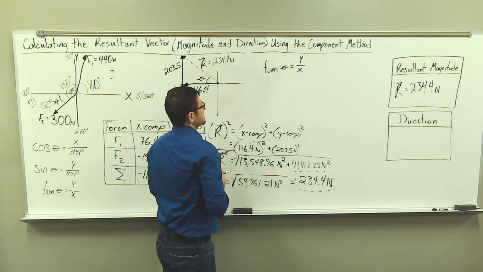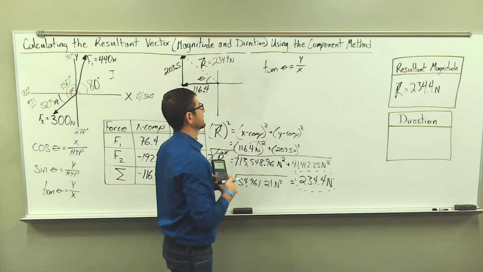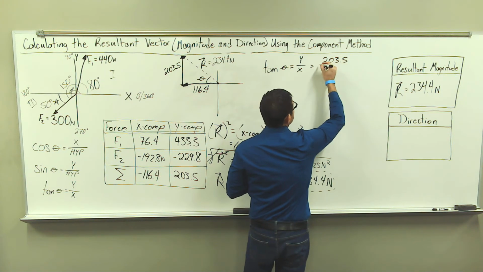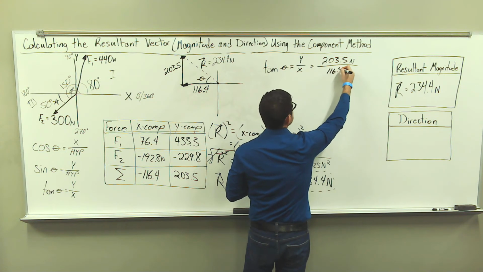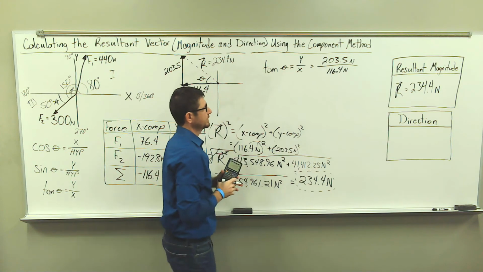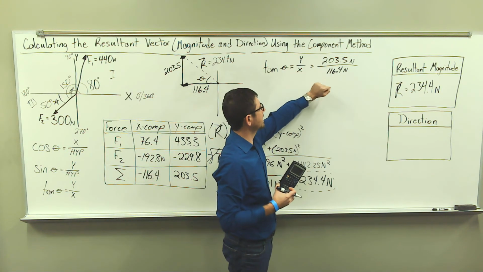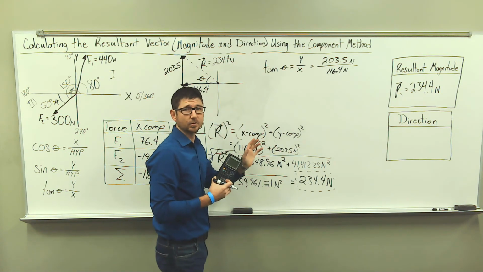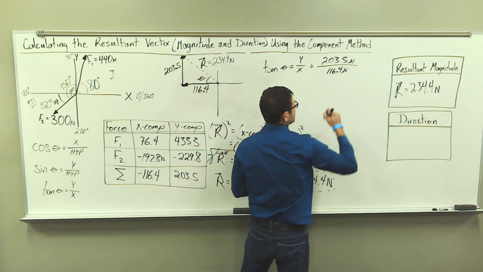Okay, so our y component is 203.5 newtons. And our x component, 116.4 newtons. And we do not need to put a negative sign right here. We're just looking at the ratio here, and our units are going to cancel. The newtons will cancel out. In fact, I'll just go ahead and do that.